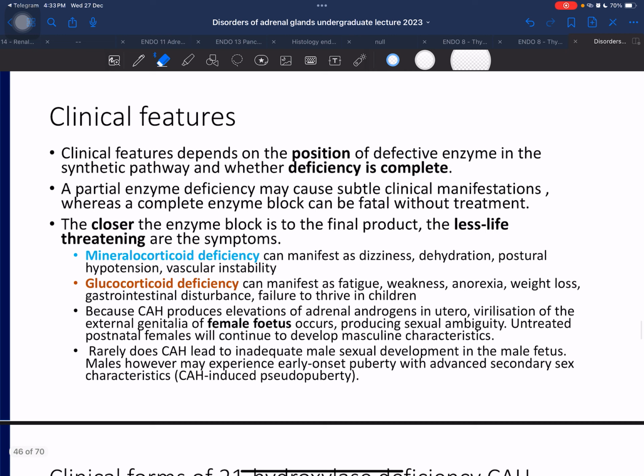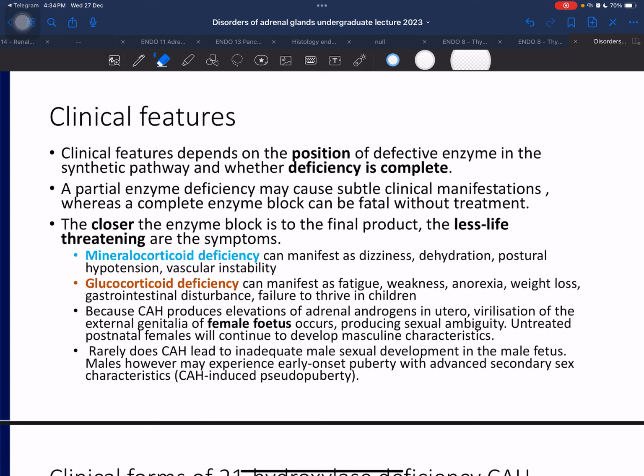The clinical features depend on the position of the defective enzyme, and whether the deficiency is complete. The closer the enzyme block is to the final product, the less life-threatening. Just now I told you, right? The 21 is much higher. It is actually more life-threatening.